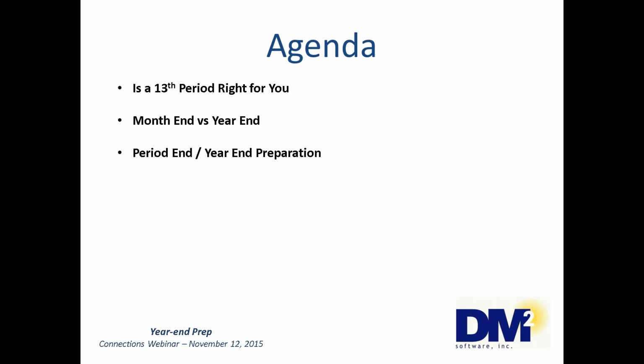Period end and year-end preparation, so what steps do we need to do to prepare for this? Module closing logical order. There is definitely an order in which we should close our modules. Discuss checklists and how important they are in making your monthly process as smooth as possible.